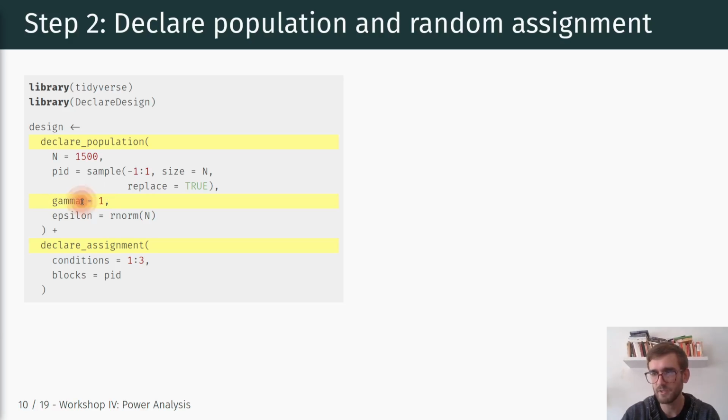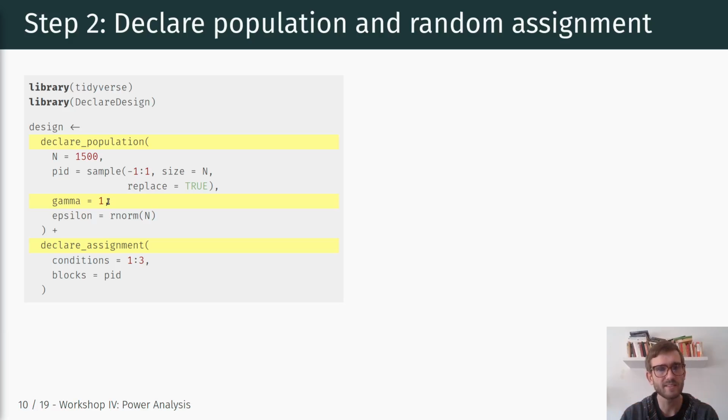Another parameter that we're setting is the gamma parameter that I mentioned when I introduced the assumed data generating process. Note here that, just for illustrative purposes, I'm setting this gamma parameter equal to 1 just to be able to show you the result of each of those steps of the design declaration.